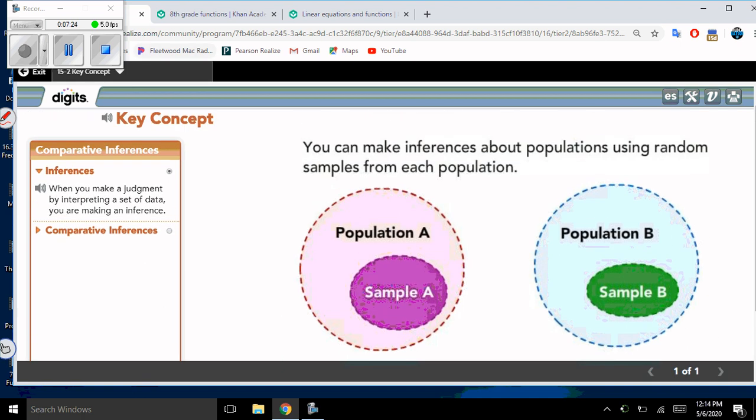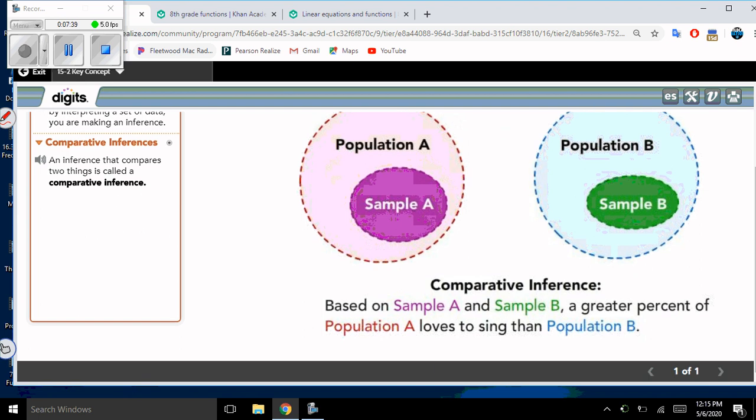So if I use that as my inferences, and then I use those to compare, as you can see here, we're simply saying that, oh, okay, well, sample A has a higher percentage of people who love to sing than population B does, right?